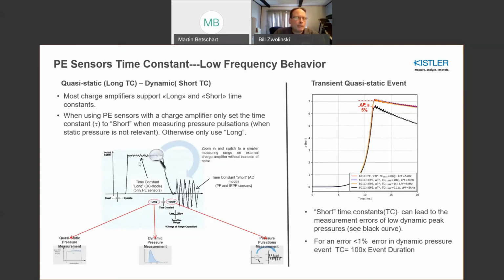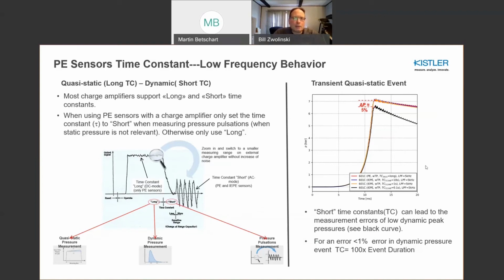If you set the charge amp up to a short time constant, you basically AC couple this signal, so you no longer have this offset, and you can now get high fidelity visibility on this AC component that's riding on the signal. So piezoelectric offers some really interesting techniques to optimize a solution, whether you want a total solution with total pressure or to optimize on the dynamic variations.